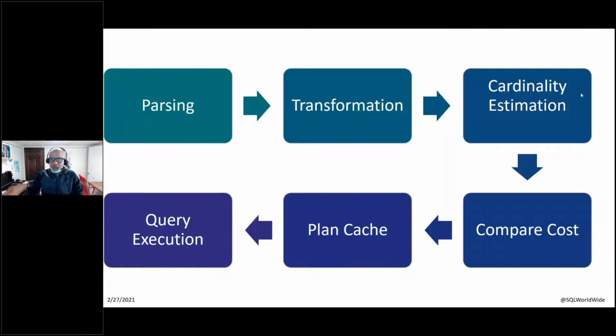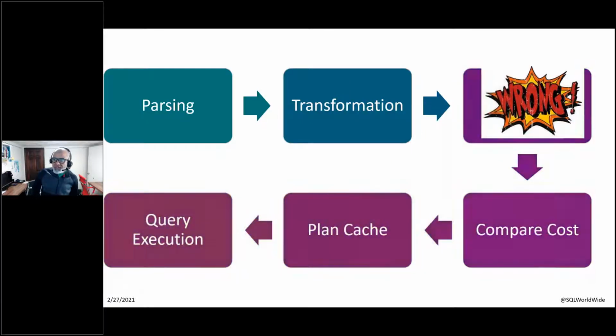Now, during these six phases, if the cardinality estimation goes wrong, and I'll talk briefly about why it can go wrong, our costs will be wrongly estimated, and the plan that gets into the cache is probably not the optimal plan, or not the plan that we wanted this query to be executed with.